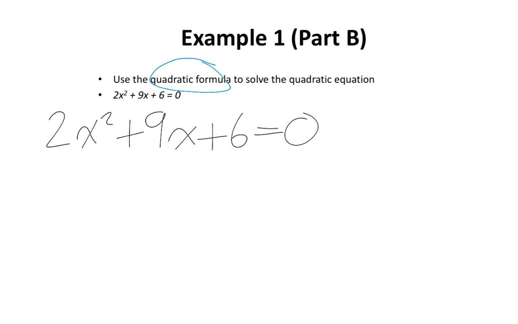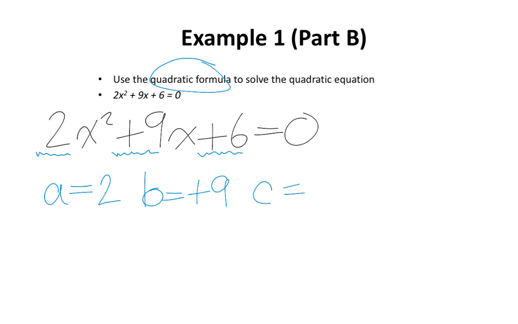At this point, I want you to take a close look at the values of a, b, and c. So here we have positive 2, here we have positive 9, and over here we have positive 6. Therefore, the value of a is positive 2, the value of b is positive 9, and the value of c is positive 6. The signs are very important, so please include them.